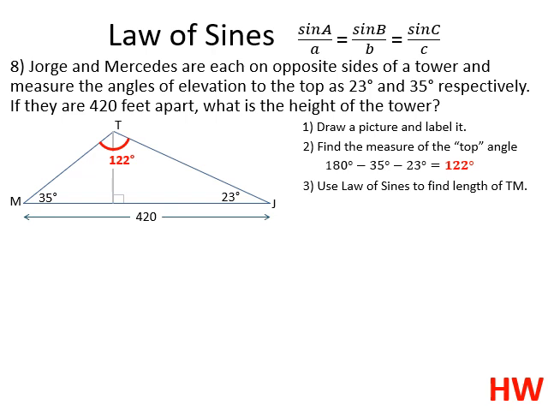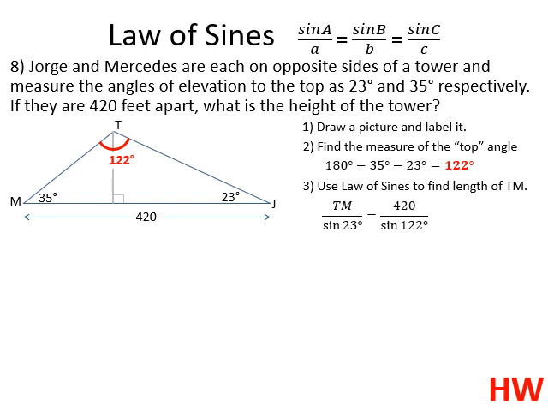Now, use law of sines to find the length MT. And in this case, we have the situation of angle, side, angle. So it's okay. We're not going to have the ambiguous case here.